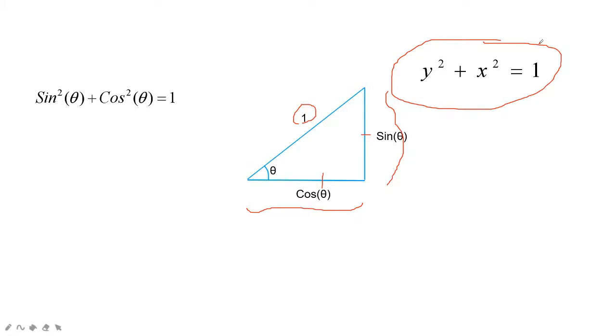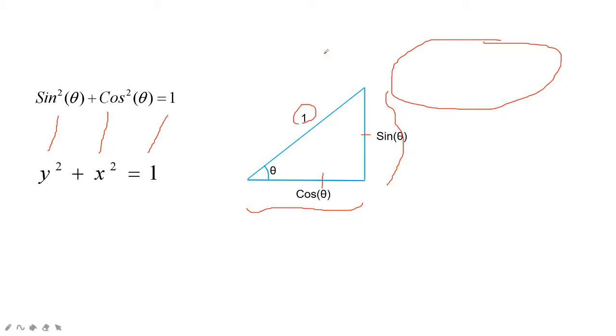Now compare both these two equations. Look at this. Both have the exact same format. See? What does it mean? That means sine square theta plus cos square theta is equal to 1 is also the equation of a circle.